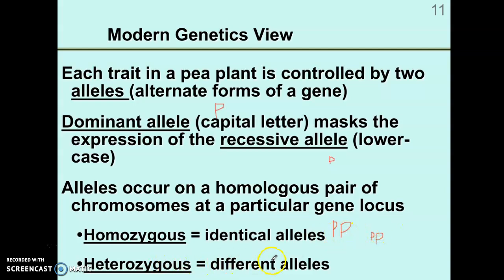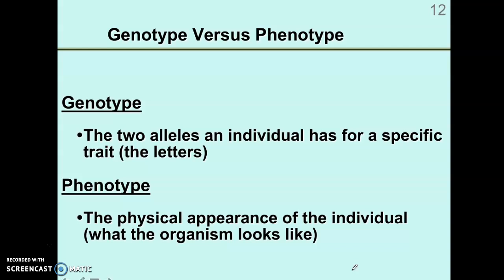Now heterozygous means that it has two different alleles, and that's when he got to his filial 1, his first generation. It looked like this. That particular plant had one allele that was dominant and the other allele that was recessive. So when we think about that, we have what we call genotype versus phenotype.